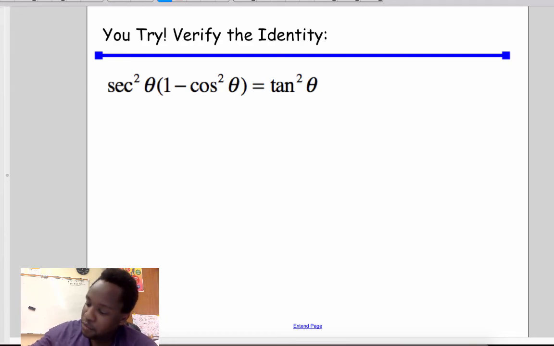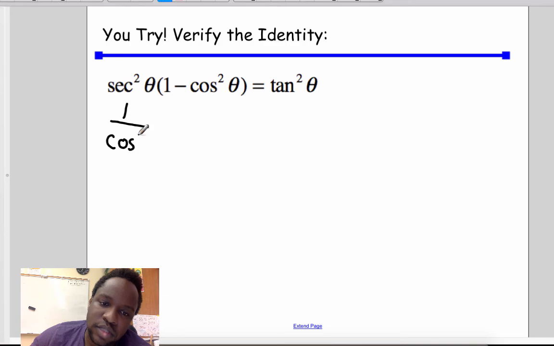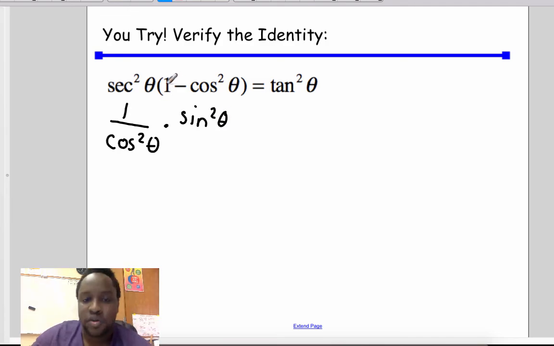All right, now that we're back, we have secant squared theta times 1 minus cosine squared theta equals tangent squared theta. So we can start trying to figure out a way to get this in terms of sine and cosine. Secant squared theta is 1 over cosine squared theta. 1 minus cosine squared is equal to sine squared. And if we didn't remember that identity, we know that 1 is equal to sine squared plus cosine squared.